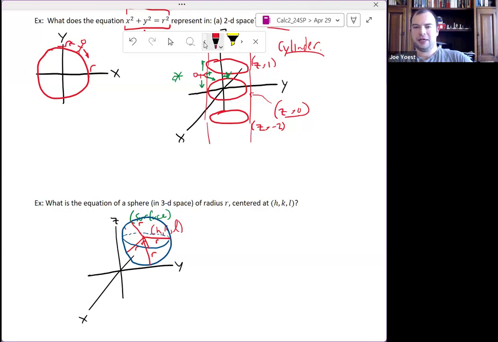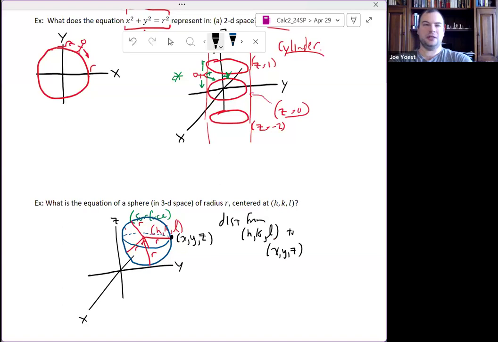That means if I have a point on the surface of the sphere, say x, comma, y, comma, z, the distance from h, comma, k, comma, l to the point x, comma, y, comma, z, a point on the sphere, has to be constant. It has to be r.